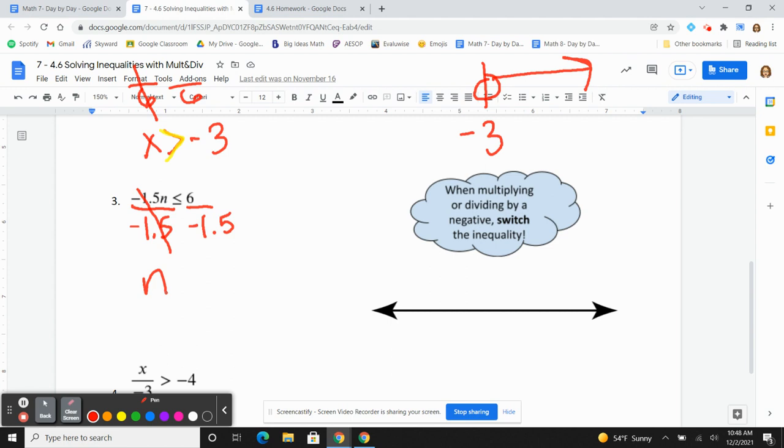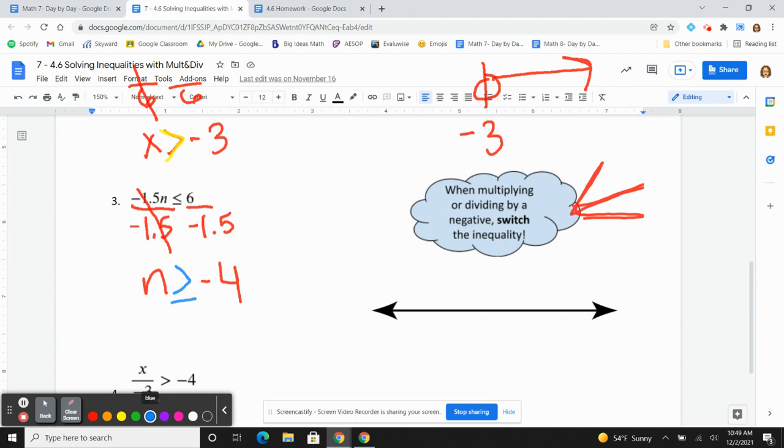And what is 6 divided by -1.5, Loney? -4. Are you sure? Yes. Hold on, I typed it wrong. It is -4. Okay, so what this rule is telling us is that this sign has to be flipped the other direction. It now has to open towards the n and still have the line underneath.